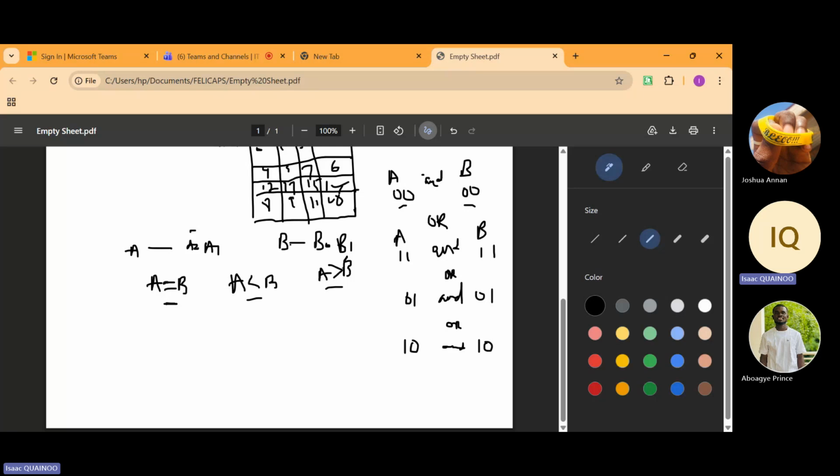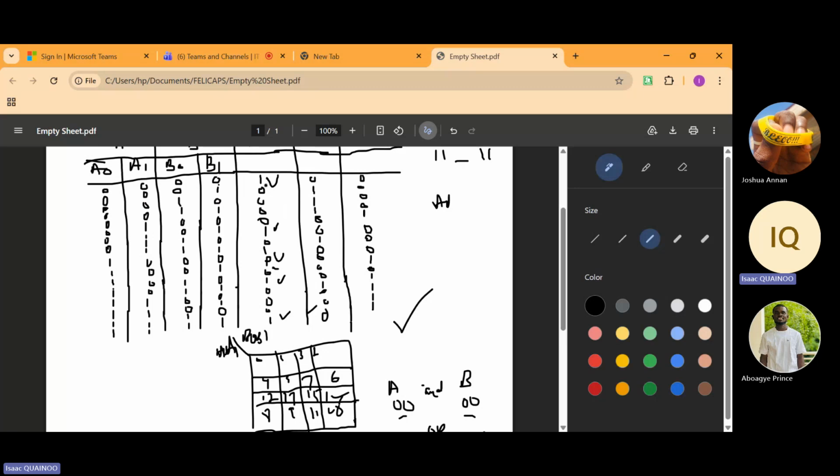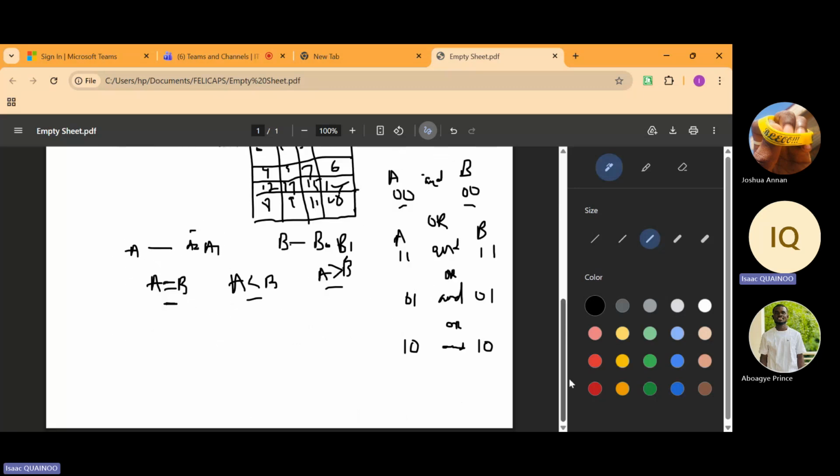Aside from this, no other scenario exists where equality would hold. So if you come back and cross-check, you would be able to verify that from your truth table.